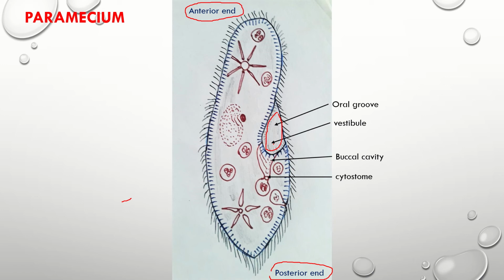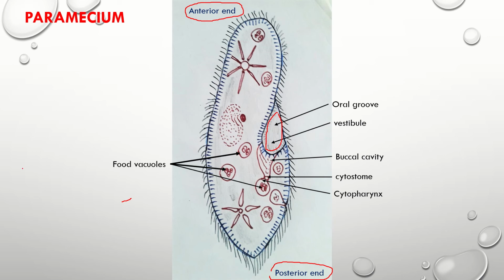Then the cytostome leads into a structure called the cytopharynx, the gullet, which is the next posterior structure of the cytostome. The cytopharynx at its proximal end forms food vacuoles.